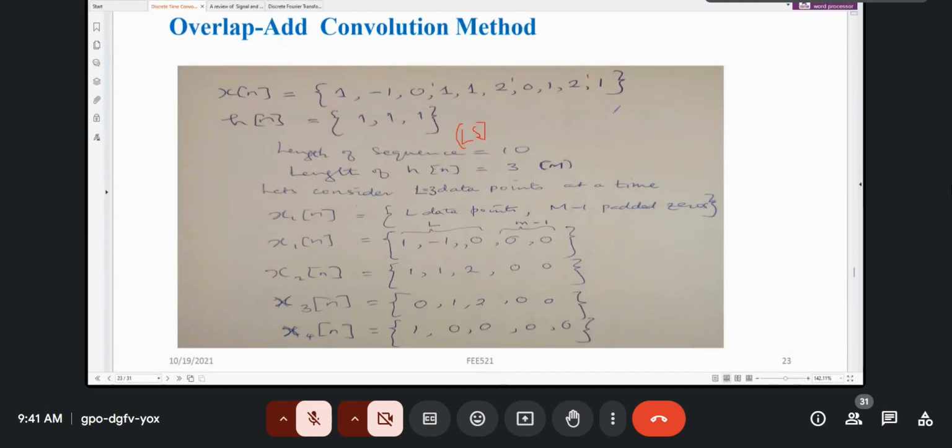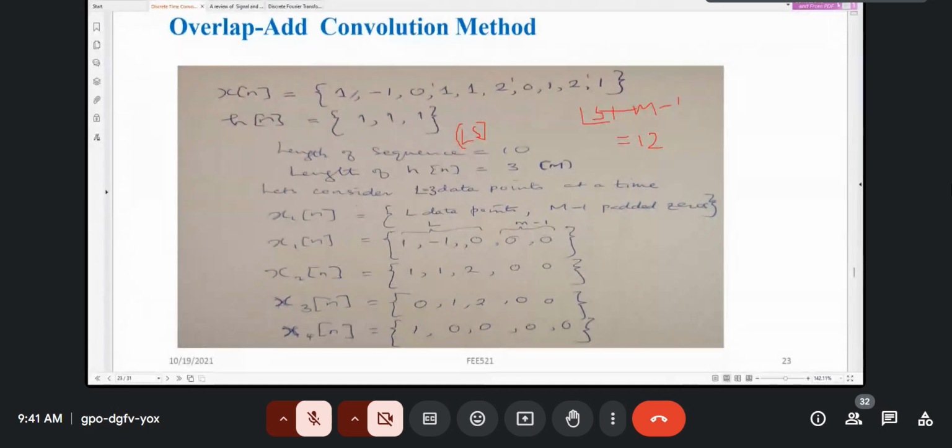Now, remember when we do this, we end up getting LS plus M minus 1. That's what we should get. We should get 12 samples if we did the linear convolution.